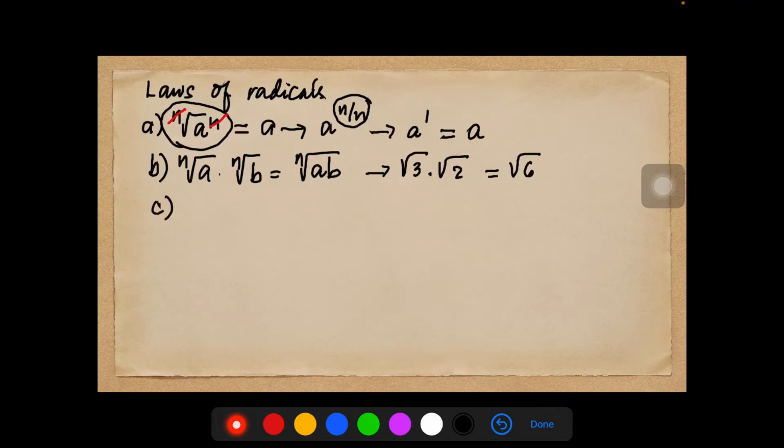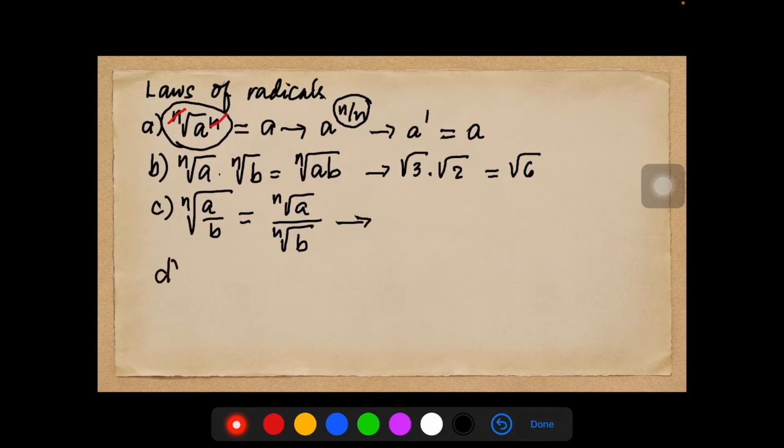For letter C, we have the nth root of the fraction a over b can be written in a simpler form as the nth root of a over the nth root of b. And for further study of this one, we can simplify further later on.